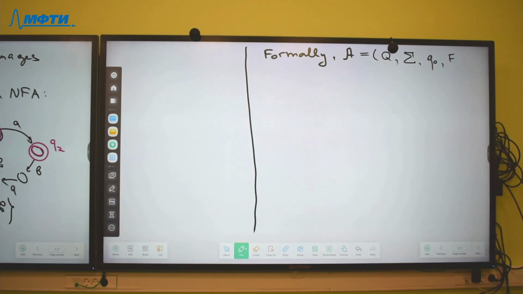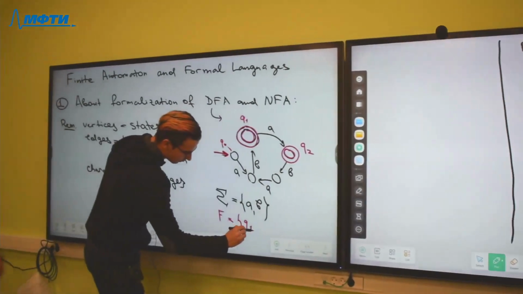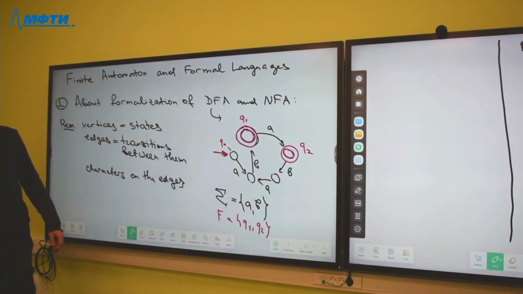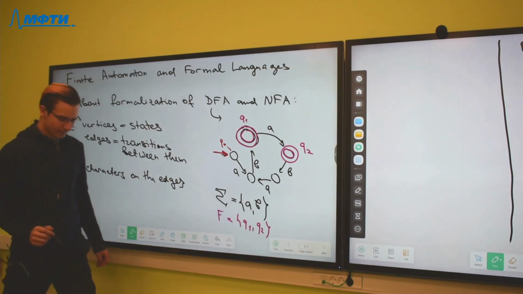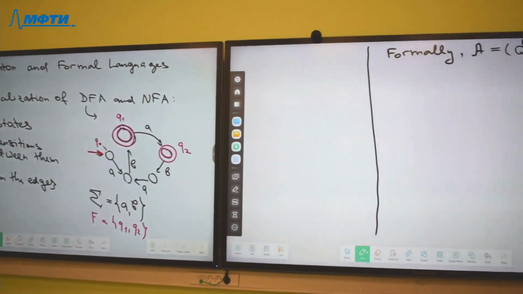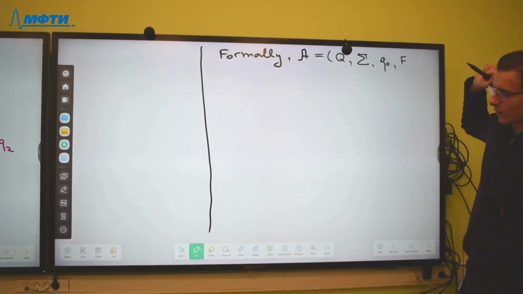For example, we can have such a set of final states of this automaton.